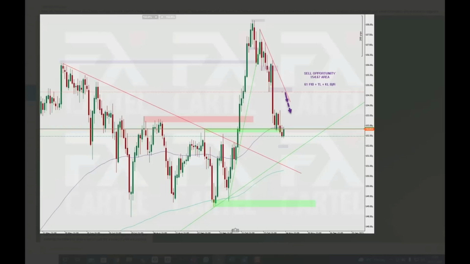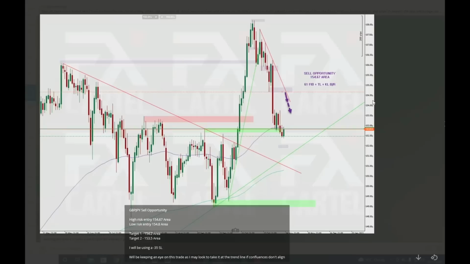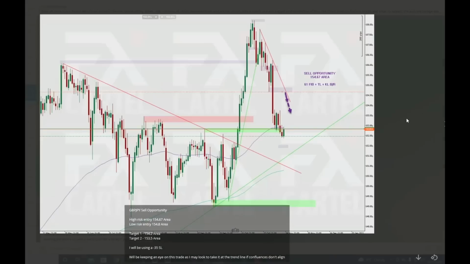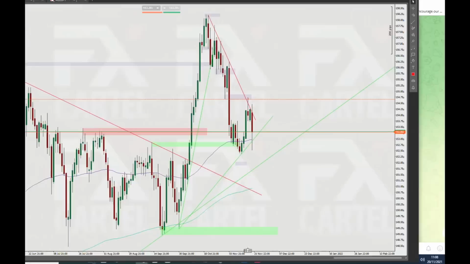I know quite a few people cancelled this trade because of the data release, but it looked very obvious that markets were pricing in the move for Wednesday. So I had a good idea that we had a good chance of a pullback, and the risk reward is too good not to go for it. So if we just have a look here.